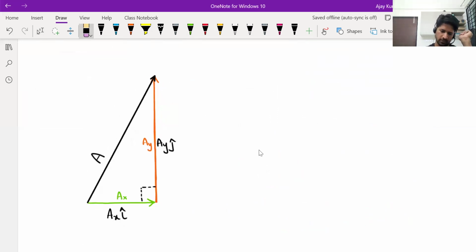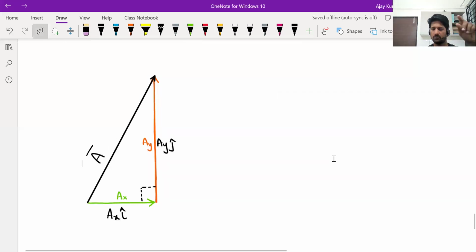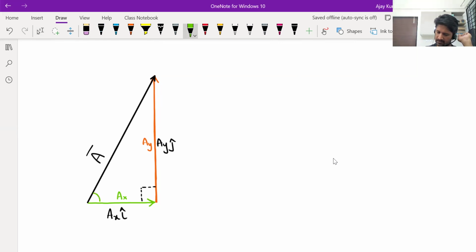If you know the components, you can draw the vector. That's fine. You can also tell, by using a little bit of trigonometry, what angle the vector makes with the x-axis. Let's call this alpha. You can tell what angle the vector makes with the y-axis as well. Call that beta.